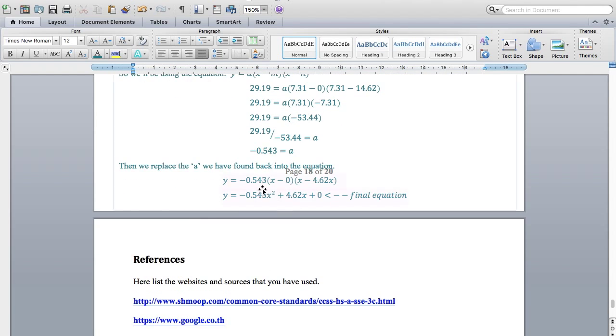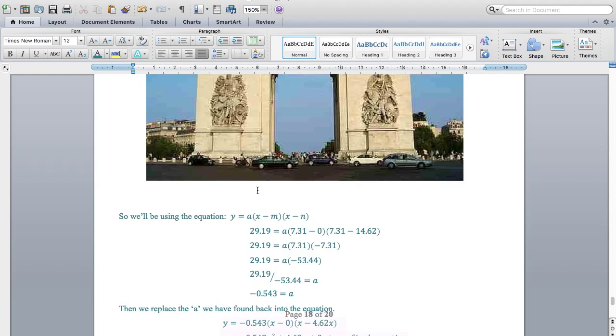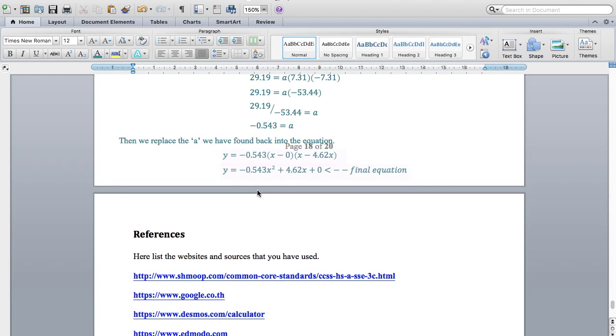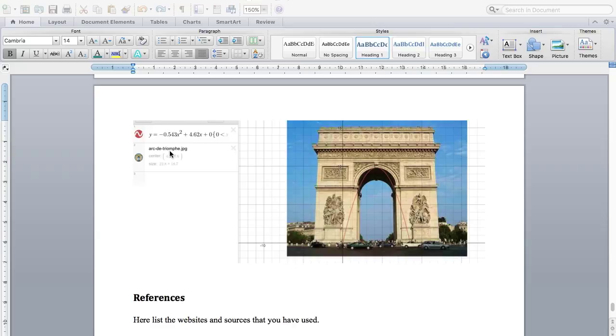So if I want to make the equation smaller, I can adjust the a to make the equation smaller and bigger. Here is the equation of my Arc de Triomphe. I've put it in decimals over here, and I've compared it to the photo of the Arc de Triomphe I have found on the internet, and it shows where the highest point is, and it clearly matches the Arc de Triomphe.